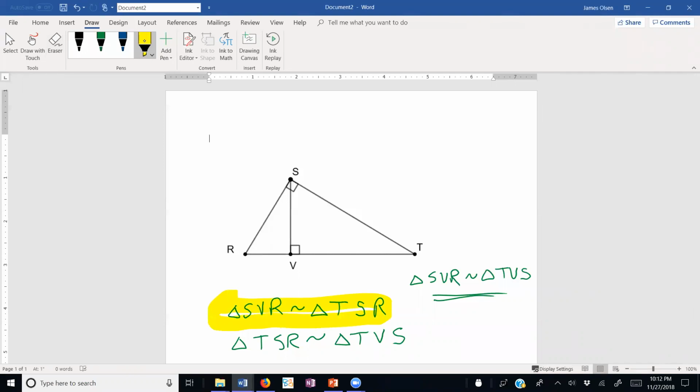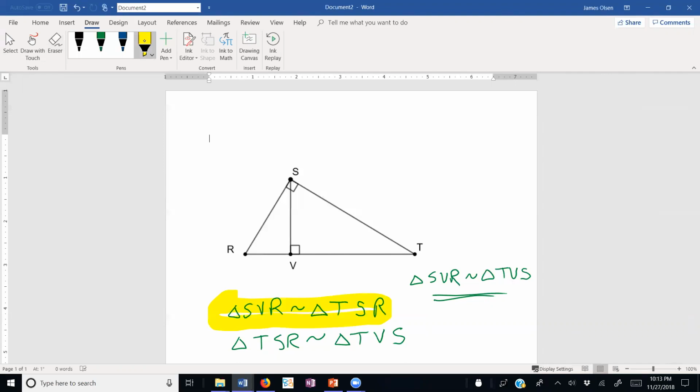One of the challenges of this one is triangle SVR rotates around the triangle in a clockwise fashion, but triangle TSR rotates around the triangle in a counterclockwise direction, which means the orientation has been reversed, which means a reflection is going to be needed.